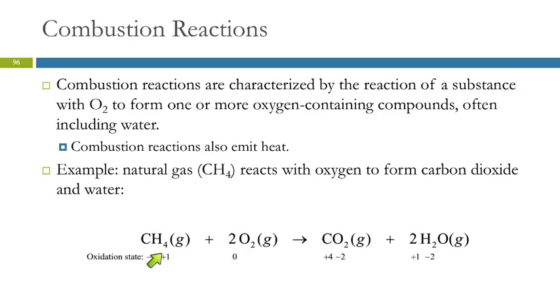The hydrogen stayed at +1. The oxygen went from 0 to -2. So the oxygen is being reduced, right? It's going from 0 to -2. It is the oxidizing agent. The carbon is being oxidized. It's the reducing agent.